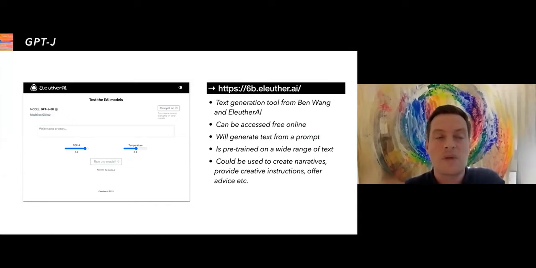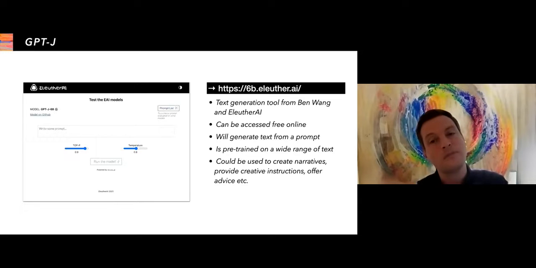Okay, so the first one that we're going to look at is JPDJ. This is an open source text generation tool. You may have heard of other GPT models that are out there, produced by people like OpenAI, that are very cutting edge, that can take some time to get up and start using. This is a very accessible, open access version of essentially the same thing. It's been trained on a great big corpus of data, with loads of text.